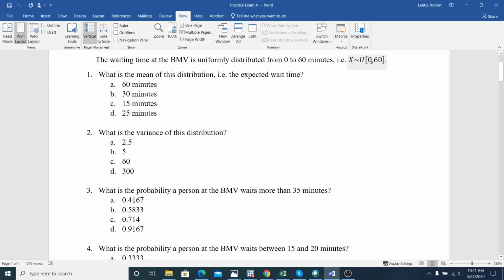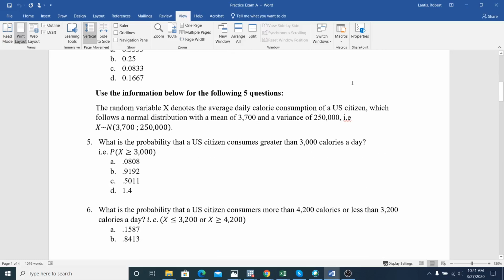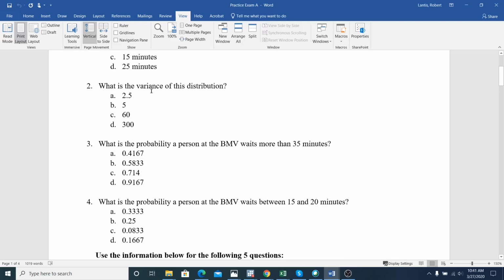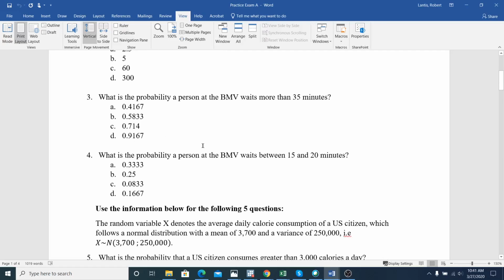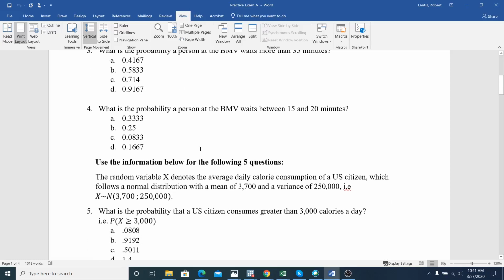Maybe go back to the Connect homework. One of these was negative, which makes it a little bit more difficult as well. But just get some more practice there. I would go back to those Connect questions where you have a negative one, or practice exam B. And of course, I could ask you for the standard deviation, so the variance. That's just taking the square root. But these ones could ask you questions like these.